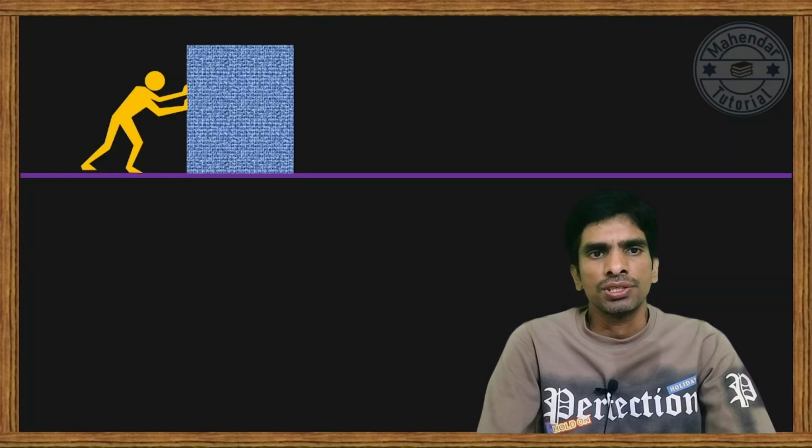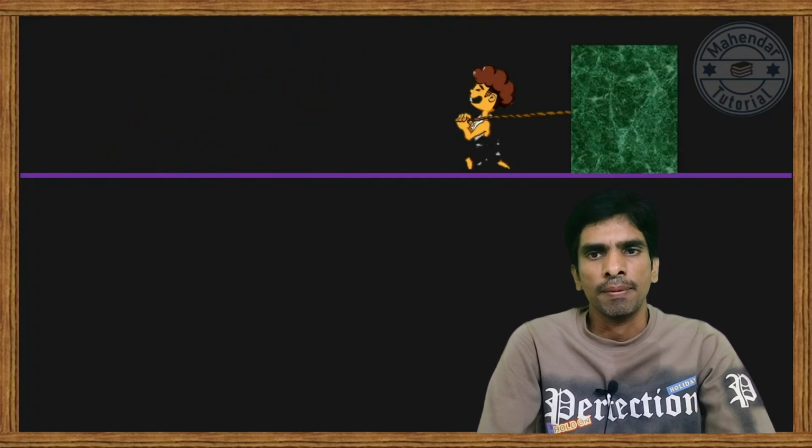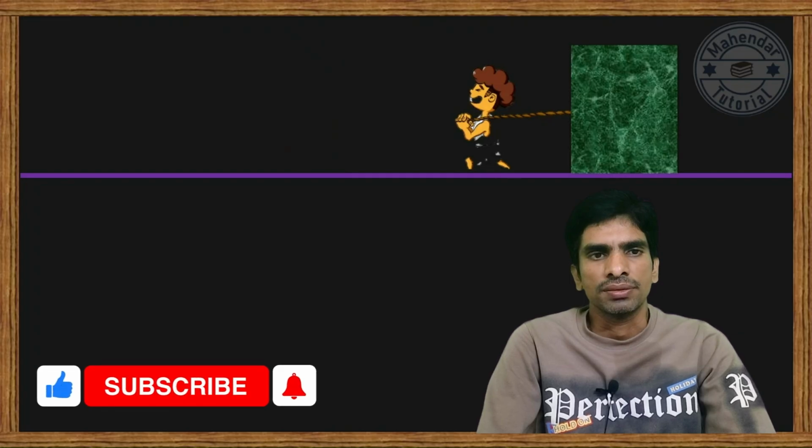Welcome to my channel. Today I would like to explain about force and types of forces. Here a person is pushing a block and another person is pulling an object.